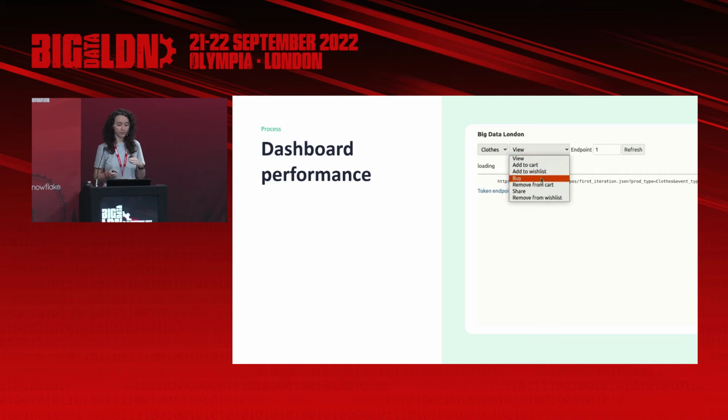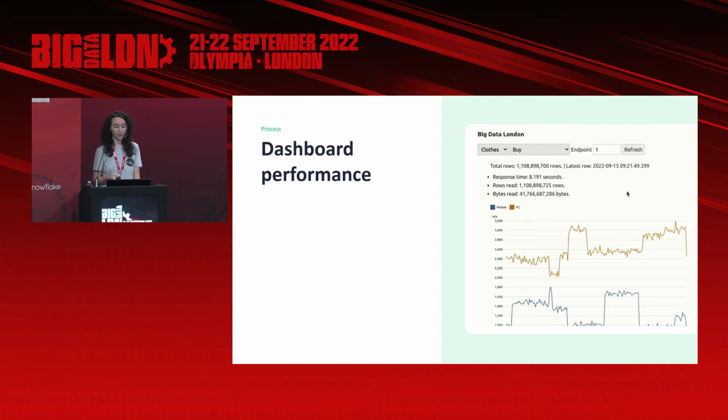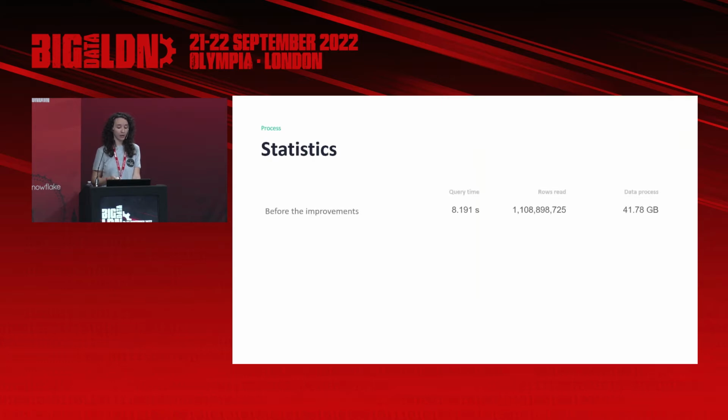If I change to buy, we can see that it's working until it gets the output. The response time in this case is more than 8 seconds. It's reading the whole table, all the rows, and almost 42 gigabytes. Just one query, which is crazy. If we want to use this endpoint for a real-time analytic project, it makes no sense, right?